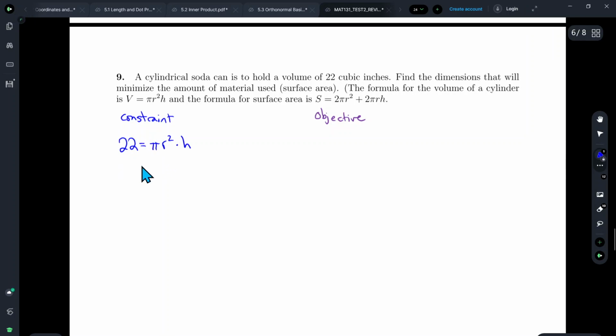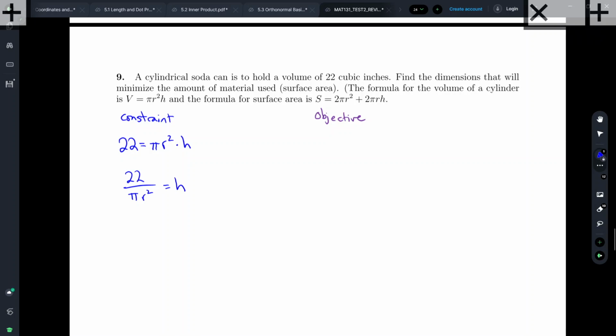And so the fact that the constraint is fixed allows us to solve for one of the variables. In this case, it's not too difficult to solve for h just by dividing, right? So you get 22 over pi r squared is equal to h.